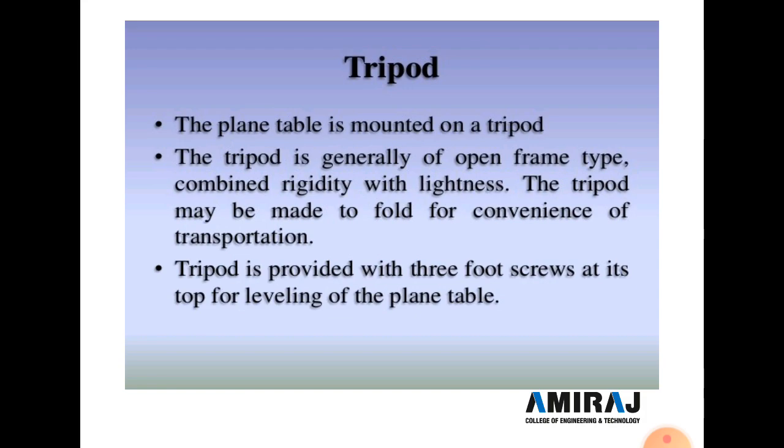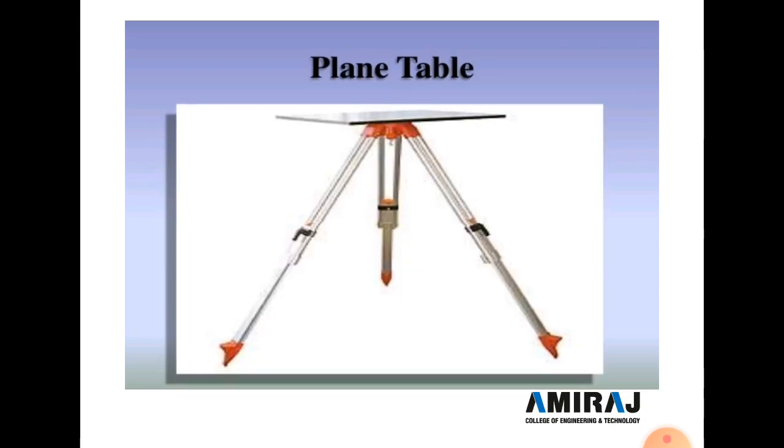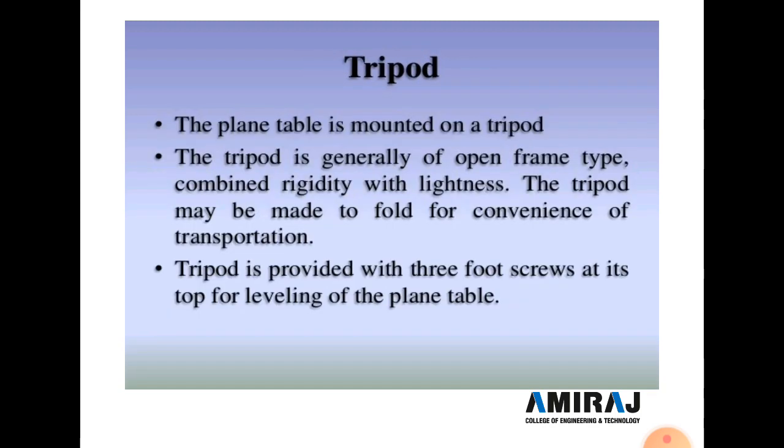See this figure. It easily folds. One clamp is provided here. When we open the clamp, one leg is inserted into another leg, and we easily fold the tripod stand and transport it from one place to another.